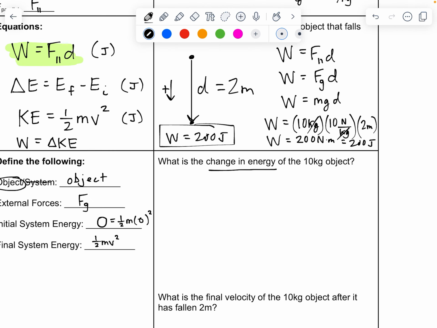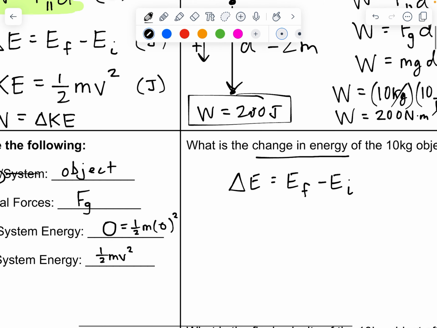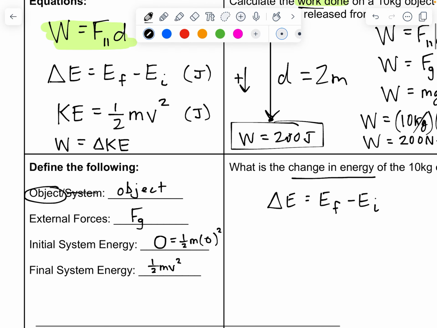So the change in energy, delta E equals E final minus E initial. That's our equation, right? And the final energy is equal to, well, I don't think I explained that very well. The change in energy, well, work is equal to the change in kinetic energy.